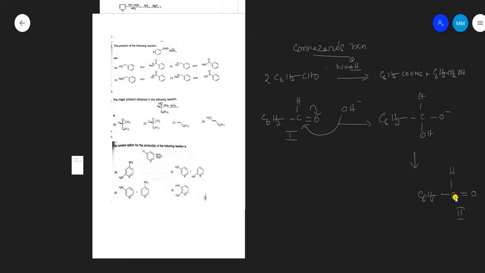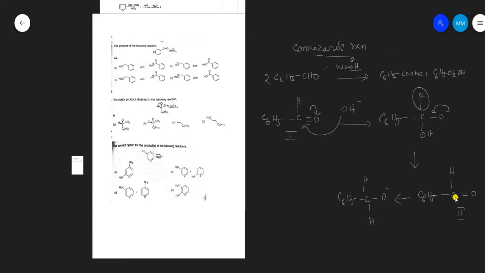Here the negative species is the hydride ion from this. So what is that hydride ion? This electron goes here and this goes as hydride. This hydride will substitute here. So this benzaldehyde molecule will be C6H5CH, with O minus, and here the H is added.